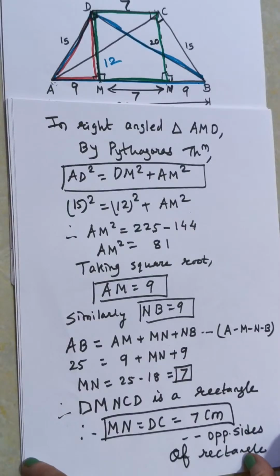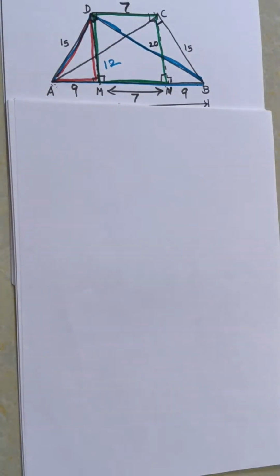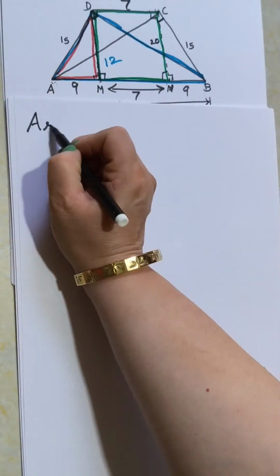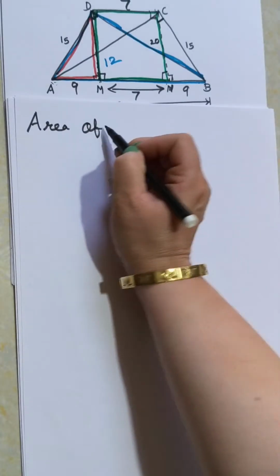So now we can use the formula of area of trapezium. Okay everyone, what is the formula of area of trapezium? Do you remember that formula? That formula we are going to use. So let us write area of trapezium.